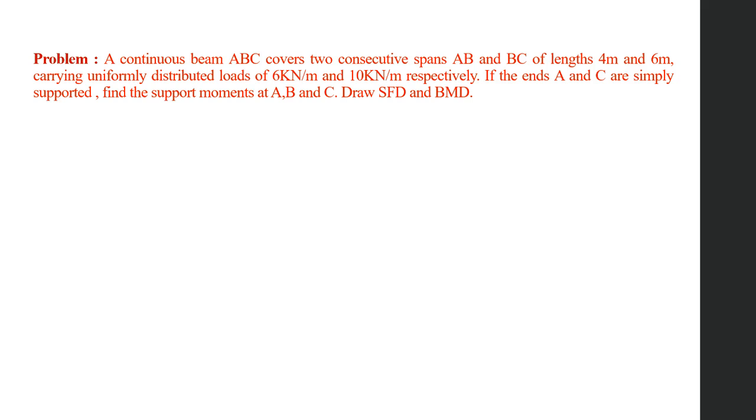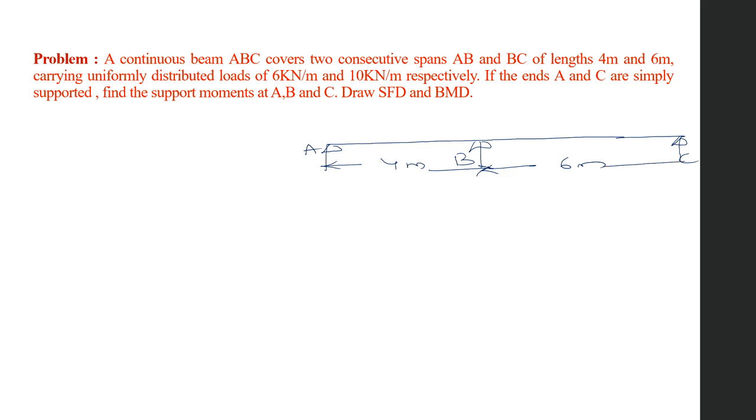Based on the question, first we need to draw the diagram. Here this is the continuous beam ABC, with support A, point B and C. Here the length of AB is 4 meters, the length of BC is 6 meters.